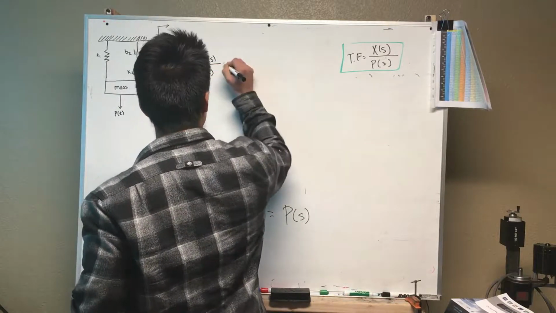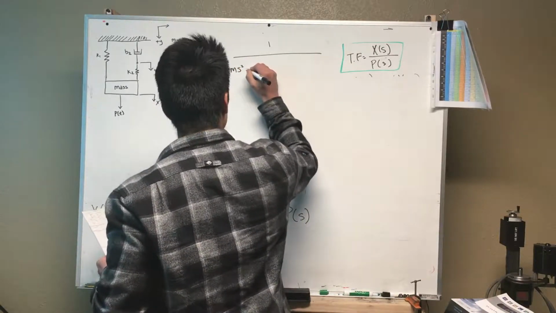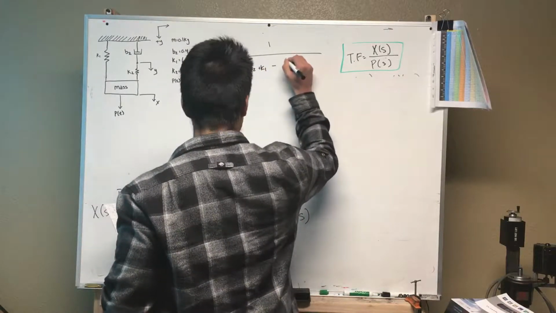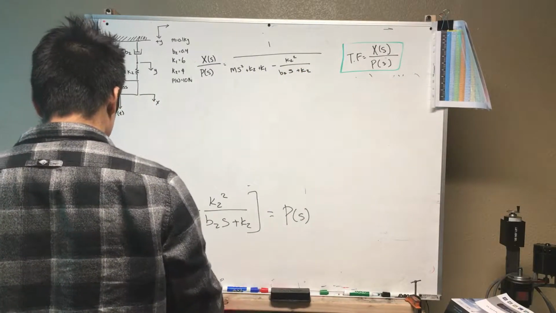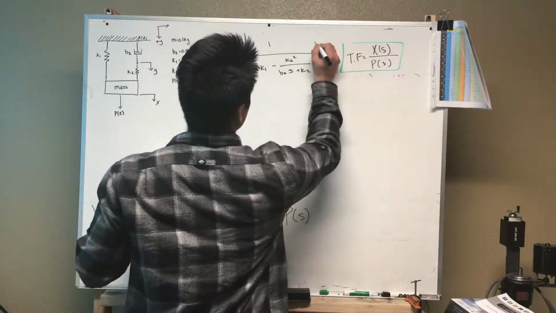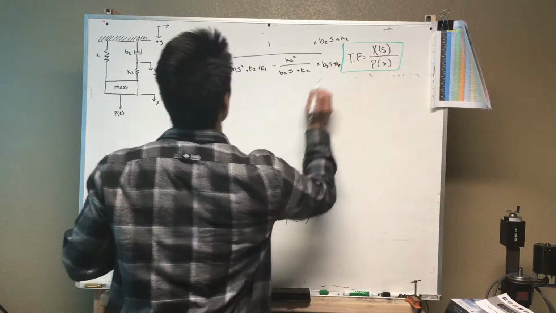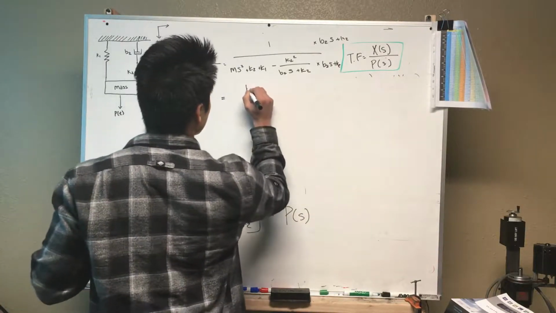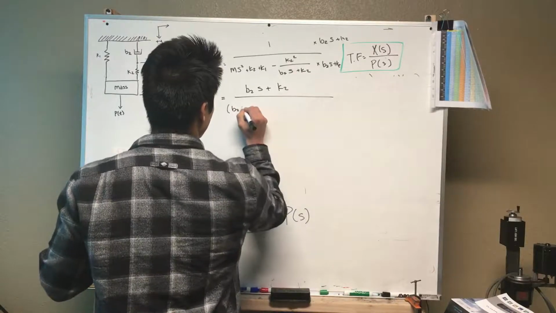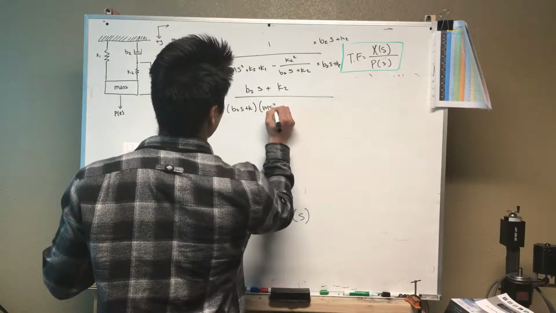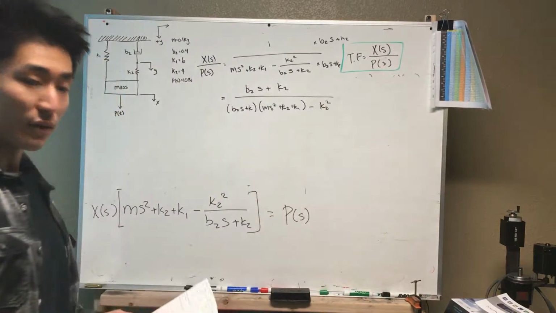X of s over p of s equals 1 over ms squared plus k2 plus k1 minus k2 squared over b2s plus k2, and we're going to multiply both sides by, so up on top, b2s plus k2, multiply up here, b2s plus k2, and we have our transfer function to be b2s plus k2 over, now we have b2s plus k2, multiply that by ms squared plus k2 plus k1 minus k2 squared, right?